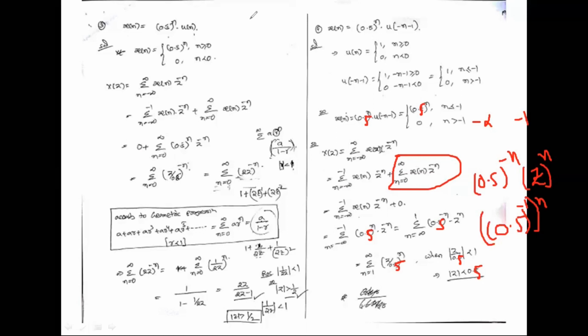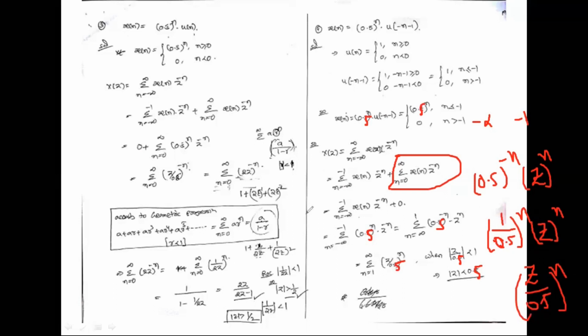I will show this in this term only. So (1/0.5)^n and z^n. I'm changing this negative by keeping the 0.5 in the denominator. So write this function totally as (z/0.5)^n. Now it is in the form of a^n only, in the range 1 to infinity.